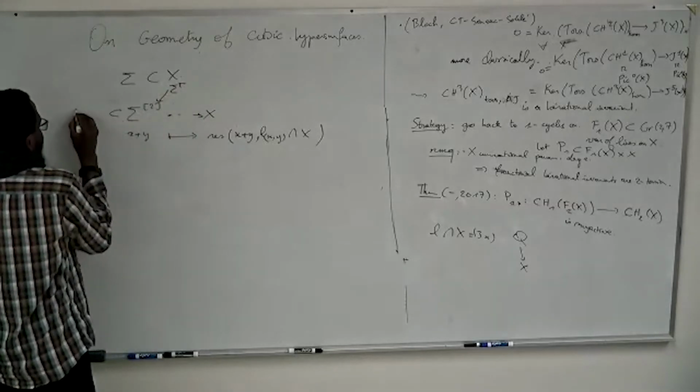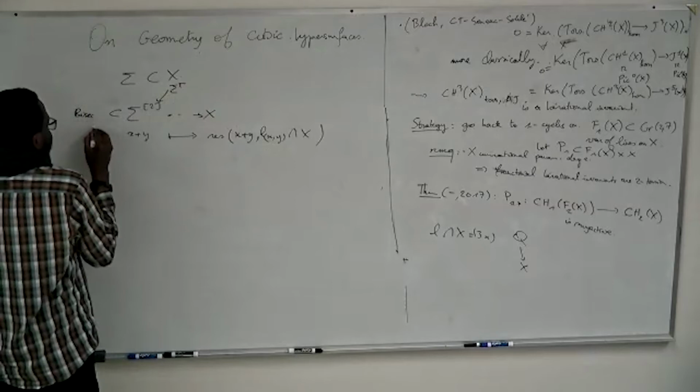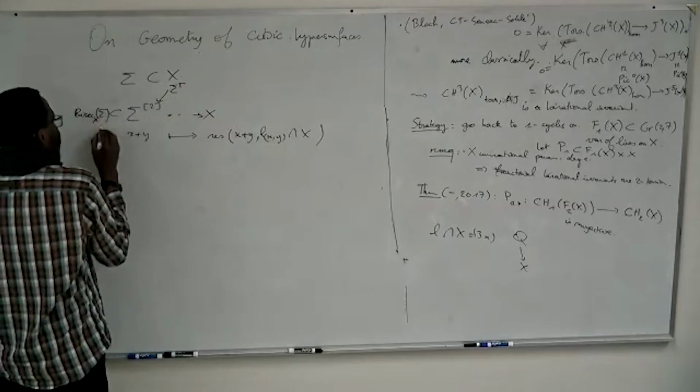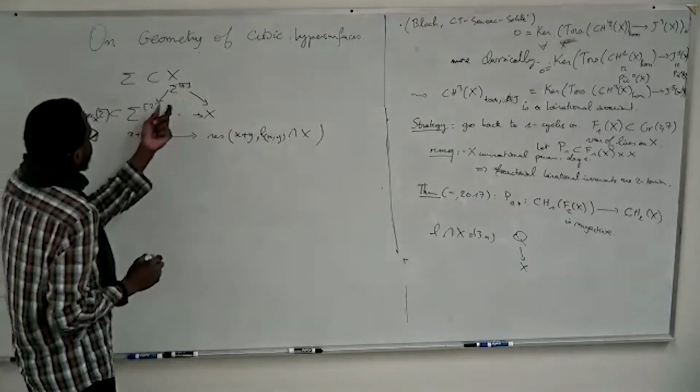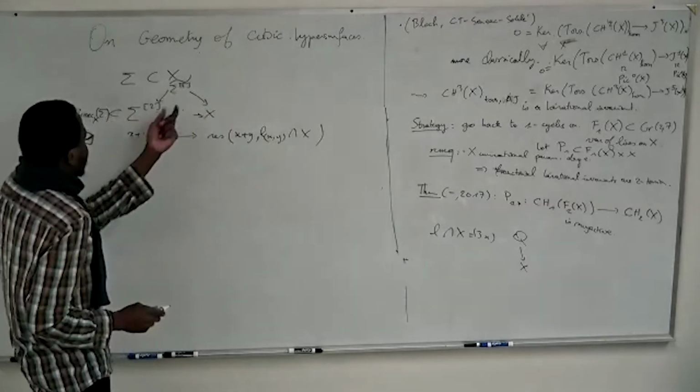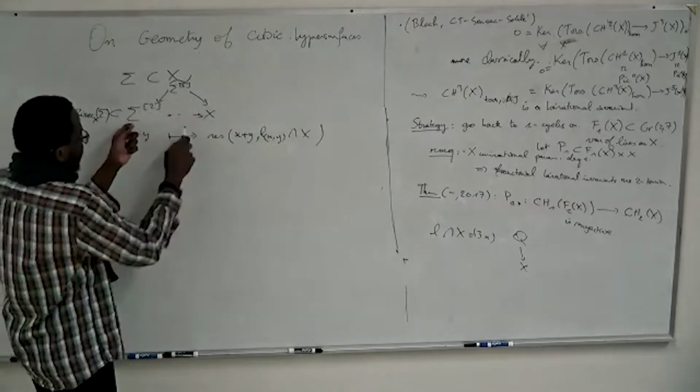Let me call it the bisecant variety, with sigma. We have a resolution like that, and this can be seen as a correspondence between the two.